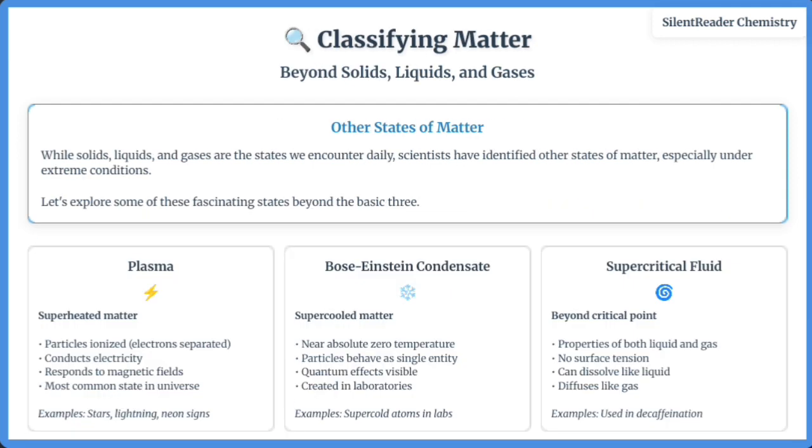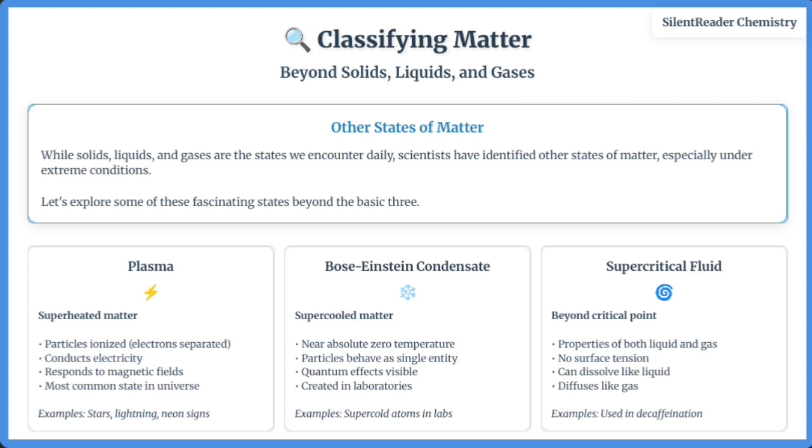Beyond the common three states, other states exist under special conditions. Plasma is superheated matter with ionized particles found in stars and lightning. Bose-Einstein condensates form near absolute zero where particles behave as a single entity. Supercritical fluids exist beyond the critical point with properties of both liquids and gases.